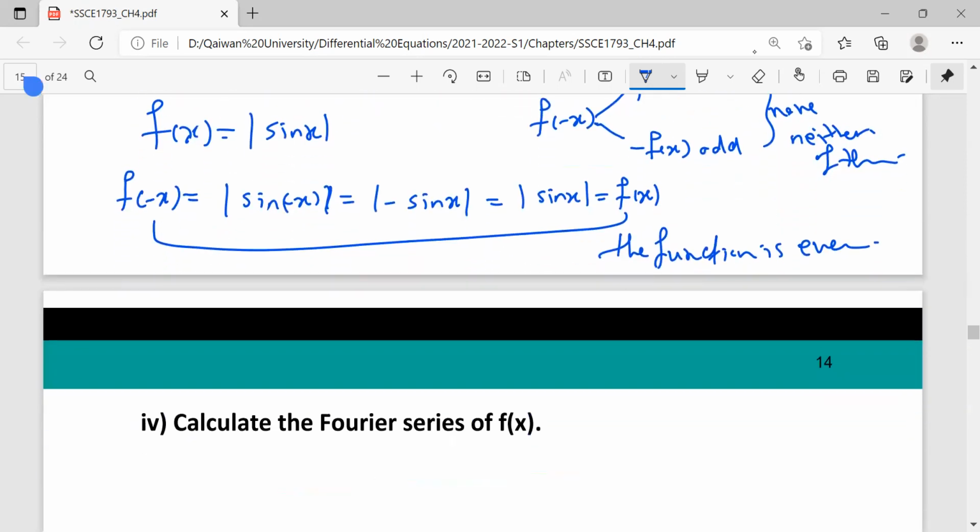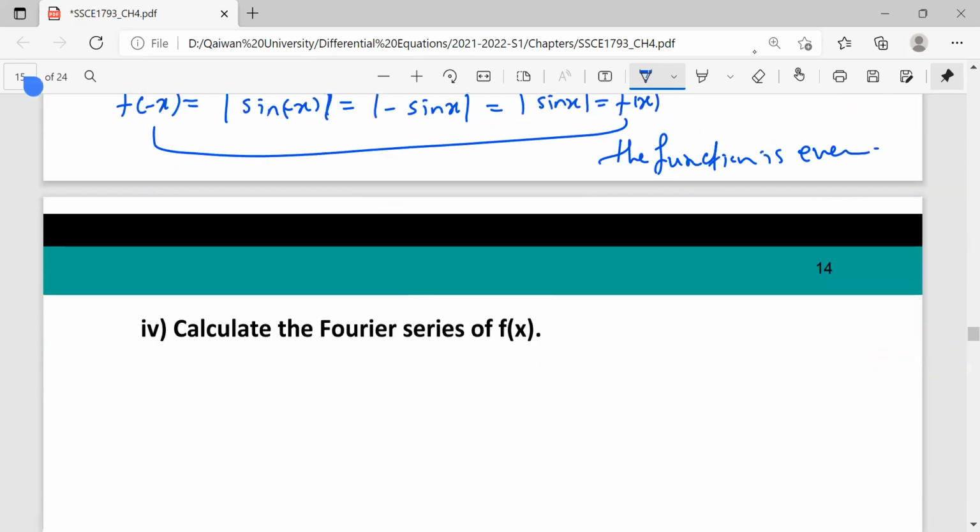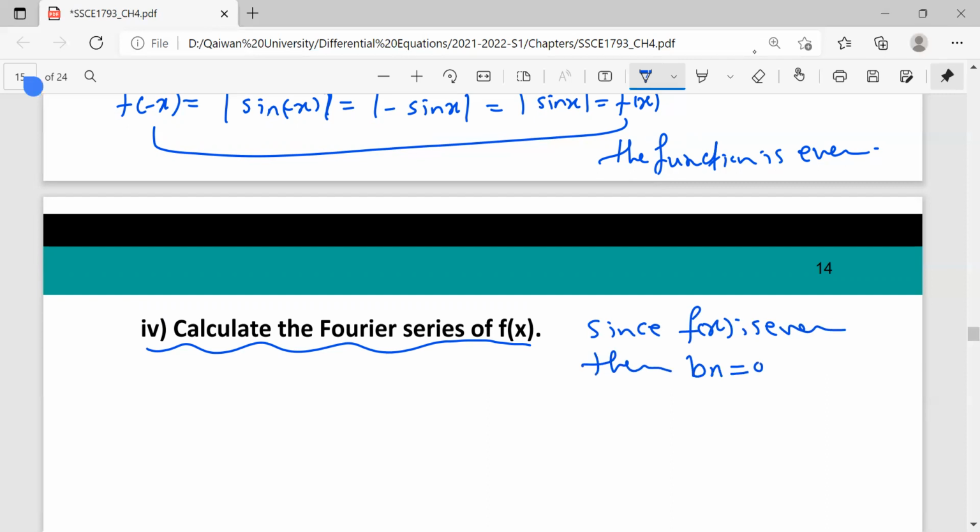Okay. For even functions, we just find a naught and a n. But for odd functions, we find only bn. Here, to calculate the Fourier series for f of x, since f of x is even, then bn is 0.